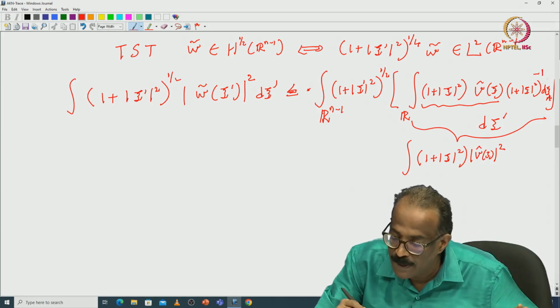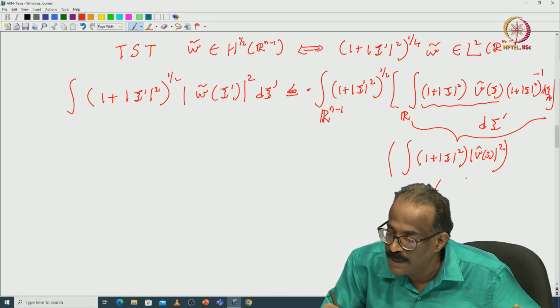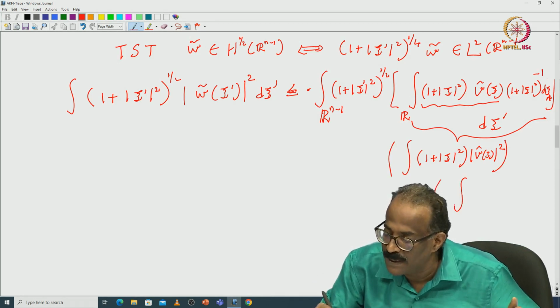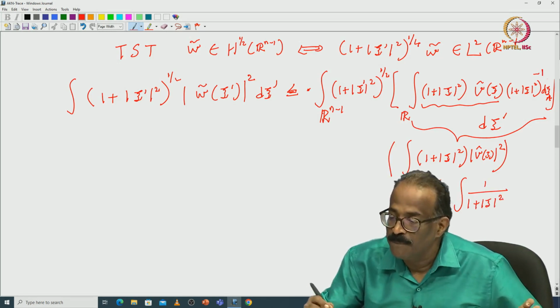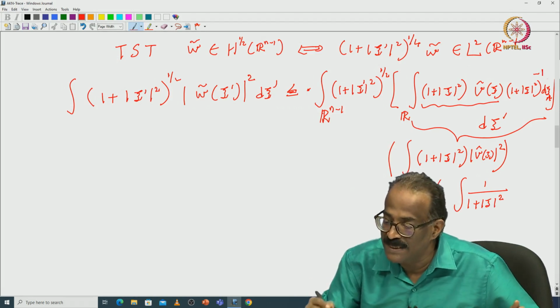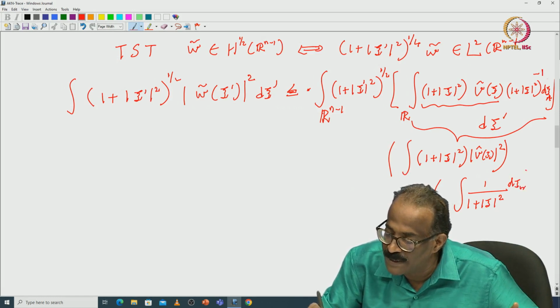Maybe there may be some half here. You will have the integral of 1 plus mod psi square, with the minus 1 power, d psi n. This is an important thing.